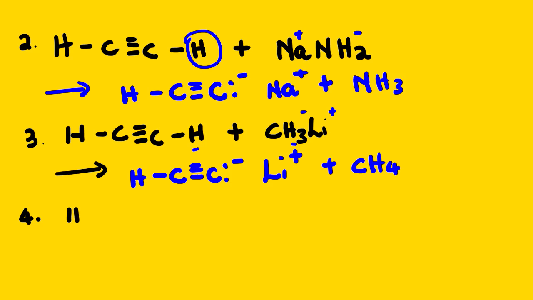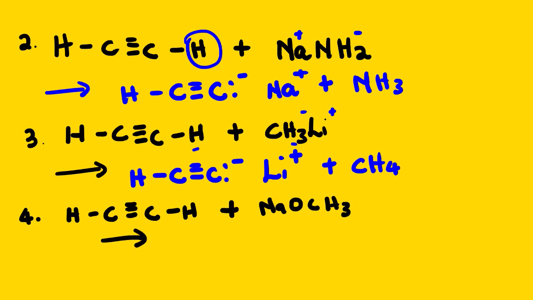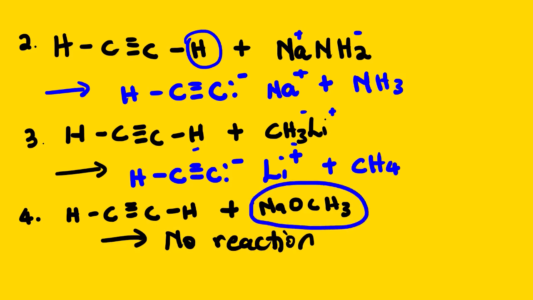So number 4, the very same alkyne, in this case we do not have any reaction. The reason why, remember that I said we need a strong base, so this is not one of the strong bases we have.